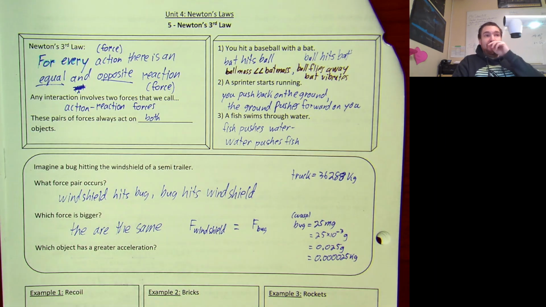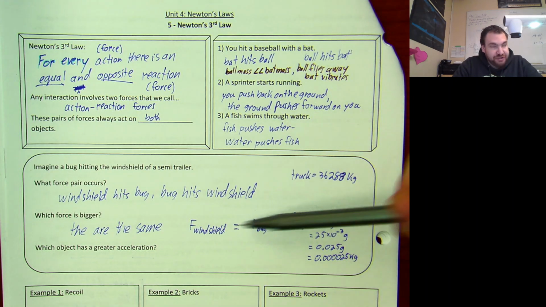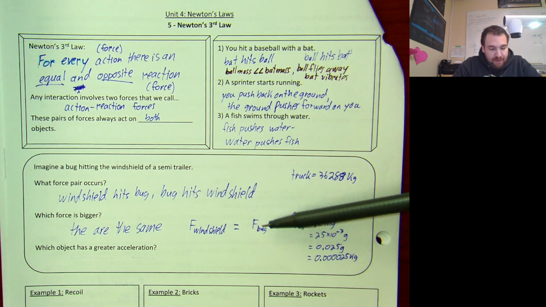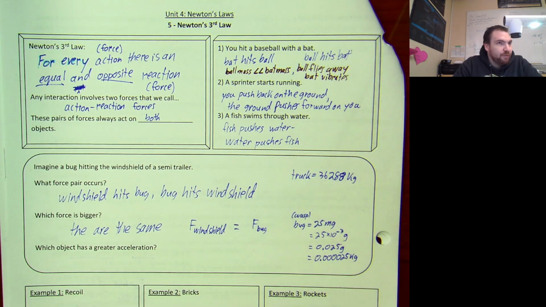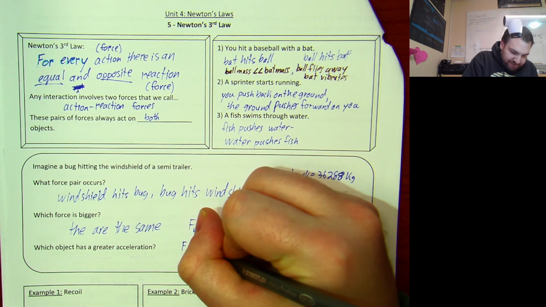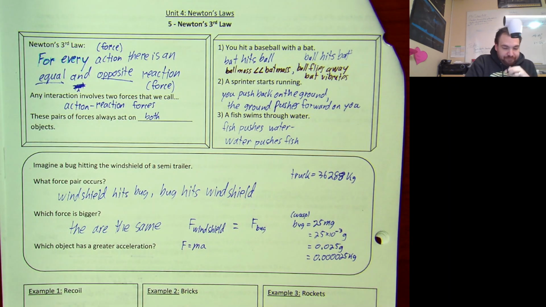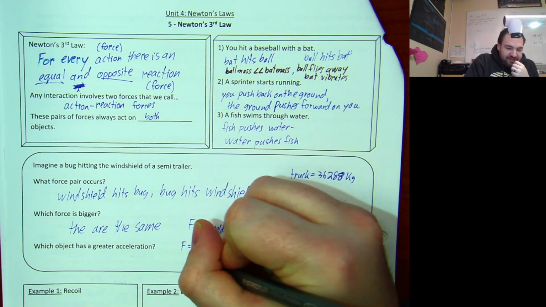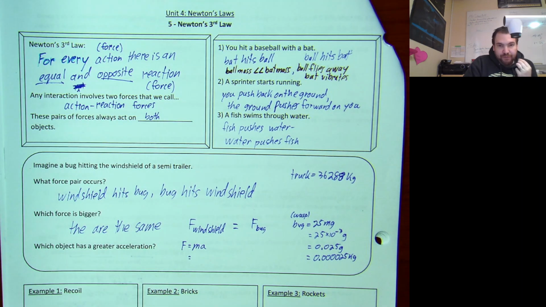Okay, so what's the problem here? The bug is nowhere near that. So I don't necessarily know what these two forces are, but we can talk about them a little bit here. The forces, they're going to be equal, whatever they are. The mass of the truck, remember here, F equals ma. So if this thing has a, I don't know, let's put a value in here for the force.